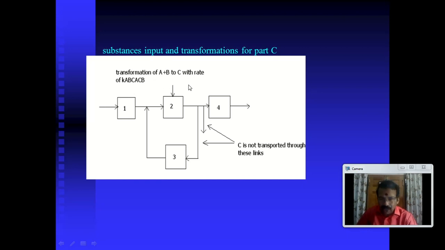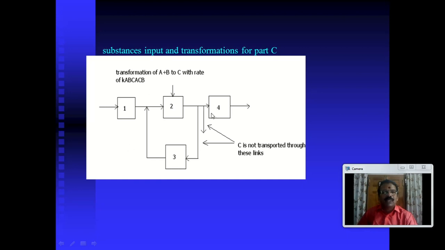Rate of a reaction is equal to a constant of proportionality, that is the rate constant, multiplied by the concentration of substrate A multiplied by the concentration of substrate B. That is, the rate of the reaction is equal to K_AB multiplied by Ca and Cb. Ca is the initial concentration of substrate A and Cb is the concentration of substrate B.